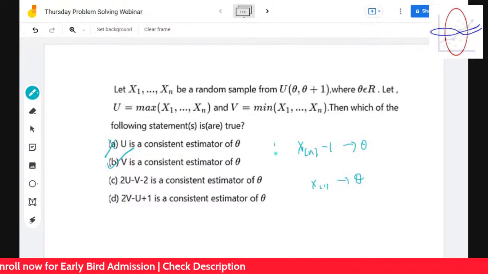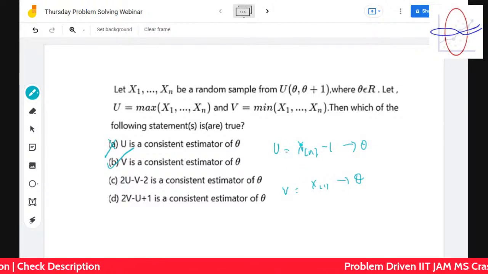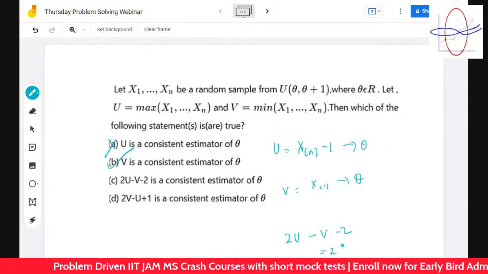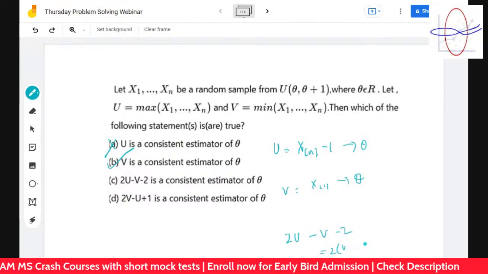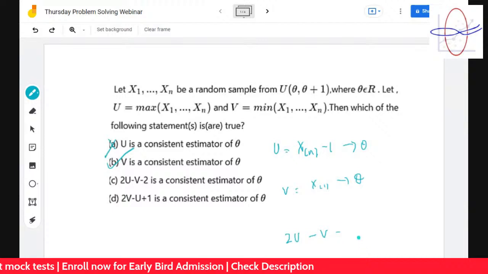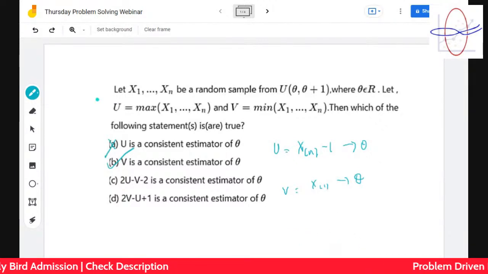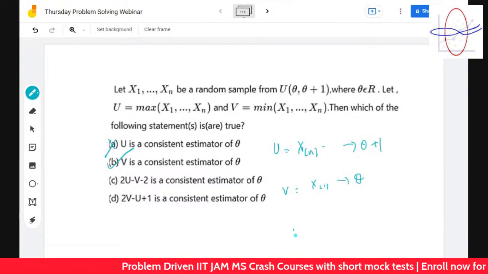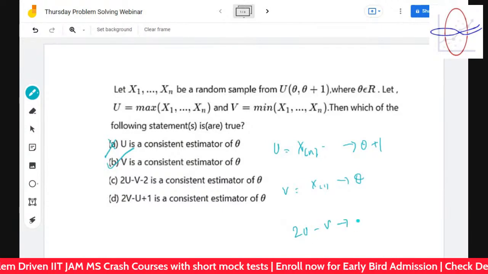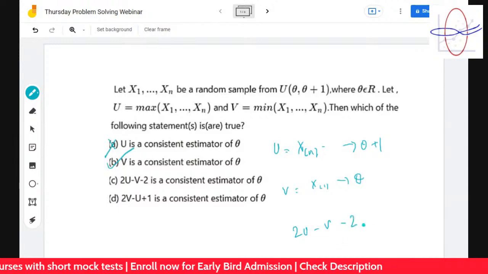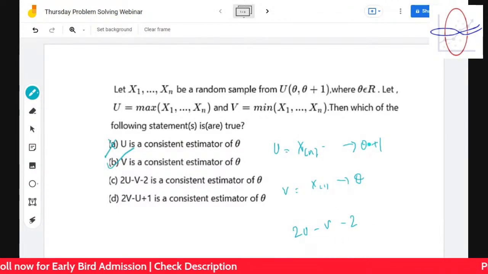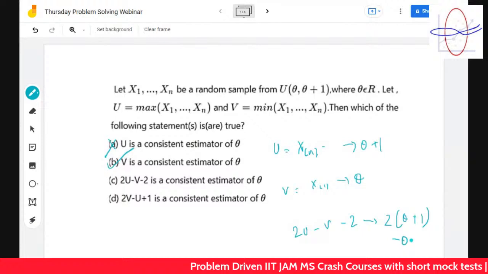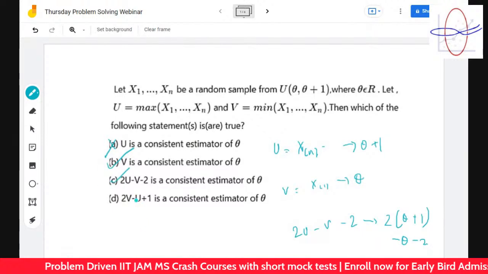So check that, this is V, this is U. So 2U minus V minus 2. 2U goes to 2 theta plus 2, minus theta, so it goes to 2 theta plus 2 minus theta minus 2. It's consistent. Good.